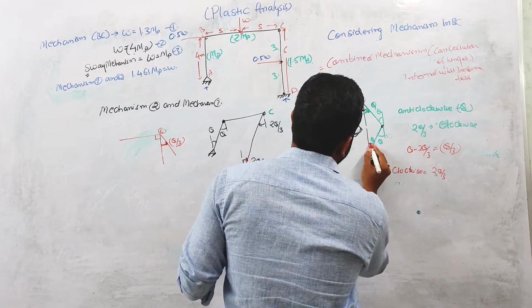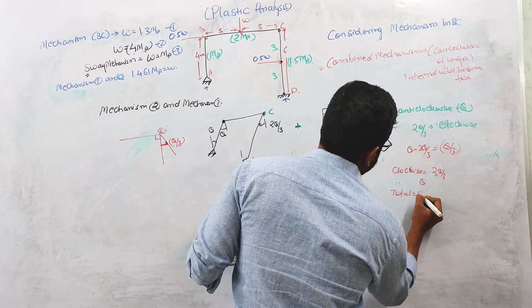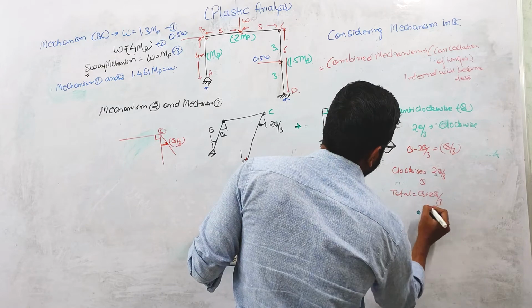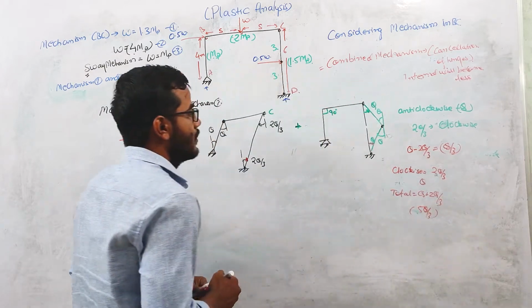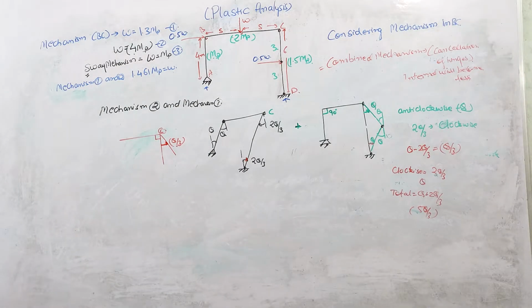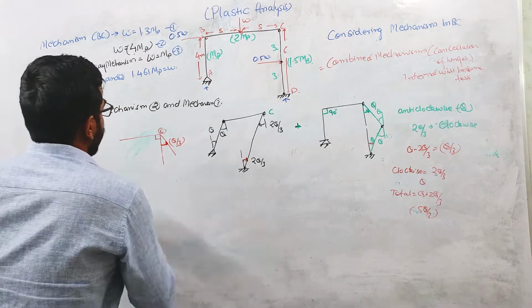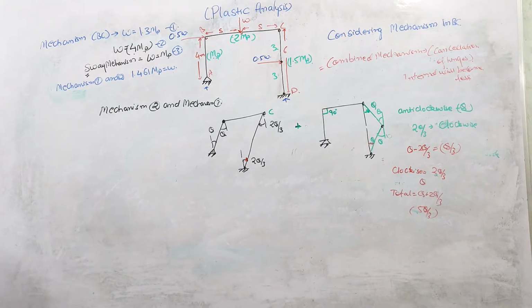Similarly at this point the rotation is theta. So total rotation from vertical axis will be theta plus 2 theta by 3, which equals 5 theta by 3. So plastic hinge will be there. If you combine these two mechanisms, the deflection diagram will look like this.